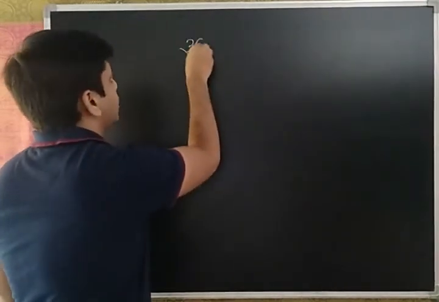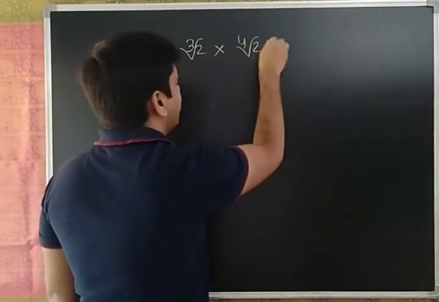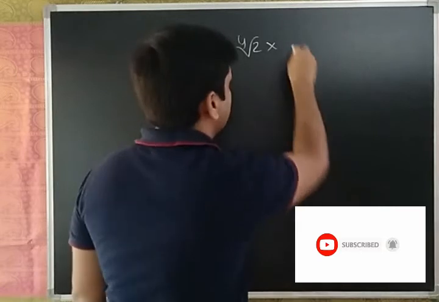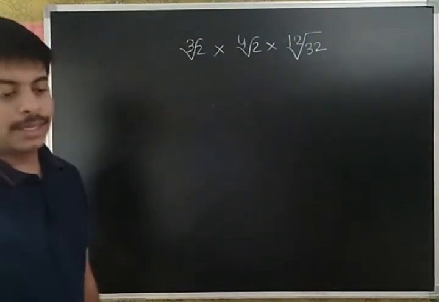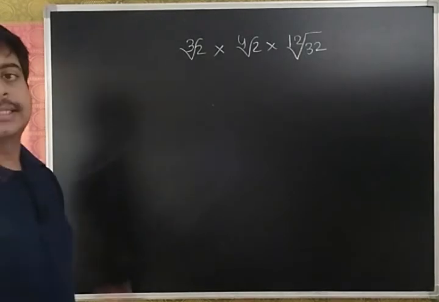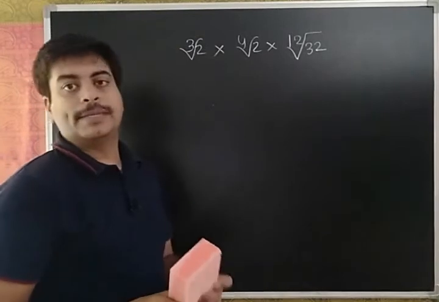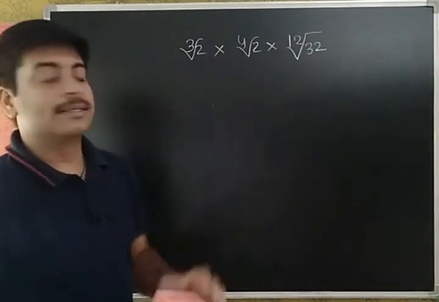Cube root 2 into 4th root 2 into 12th root 32. We need to find the value of this. First of all, we need to bring the complete expression to the same base.